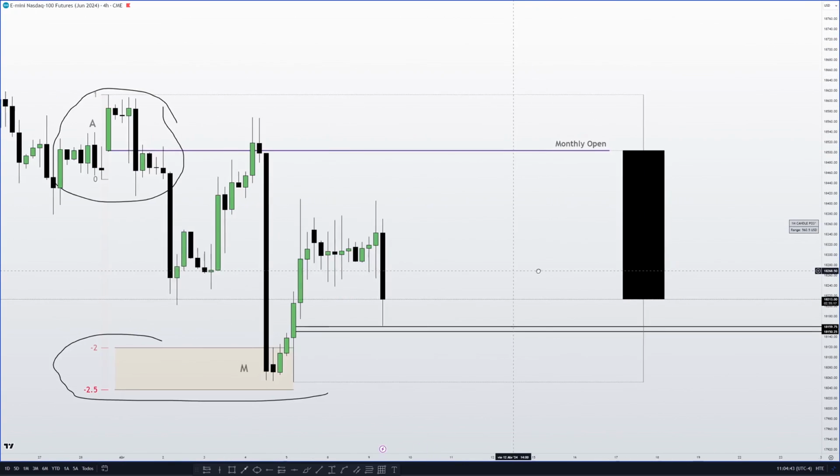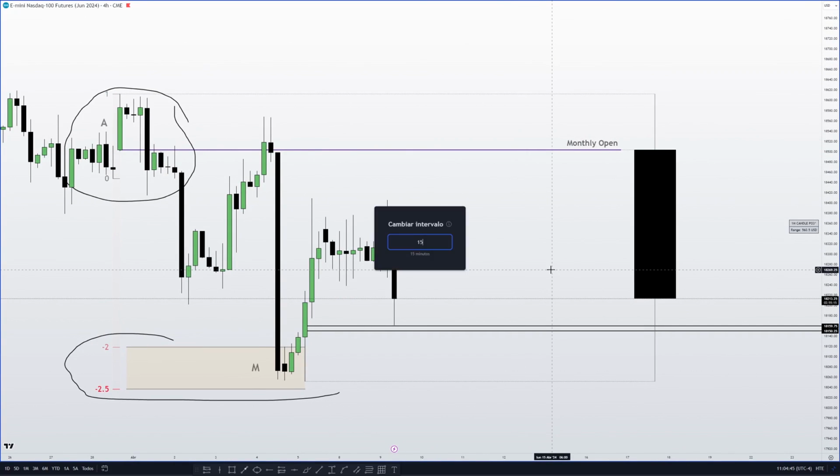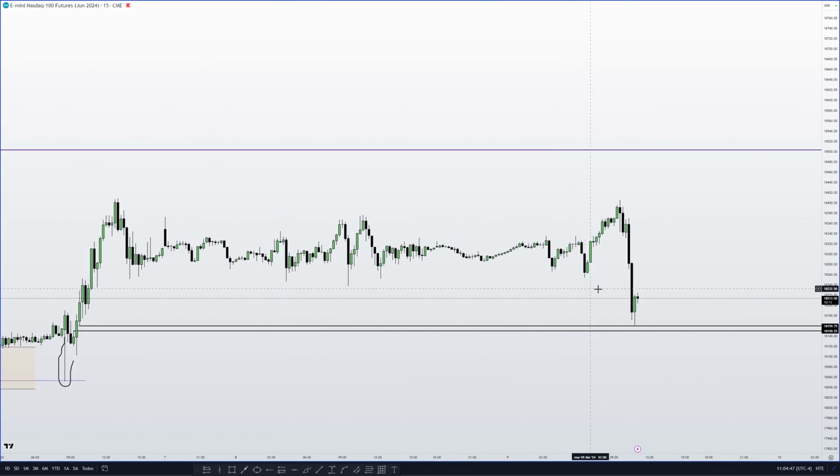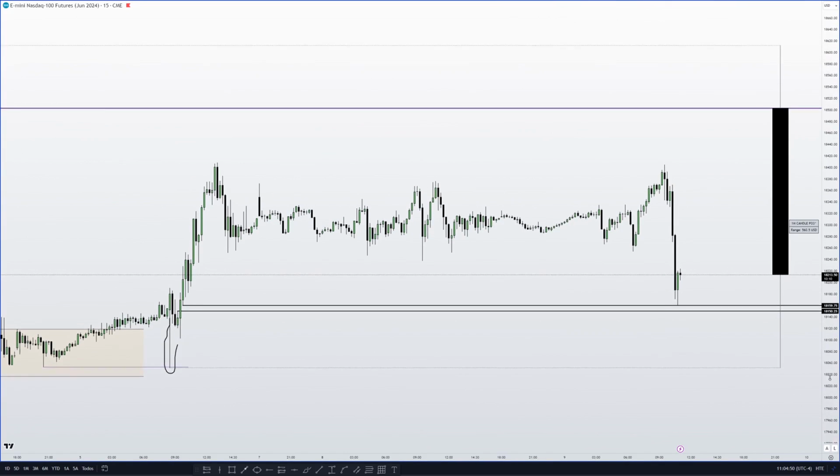The distribution phase is the next phase.